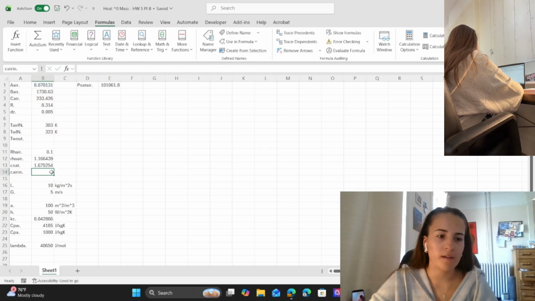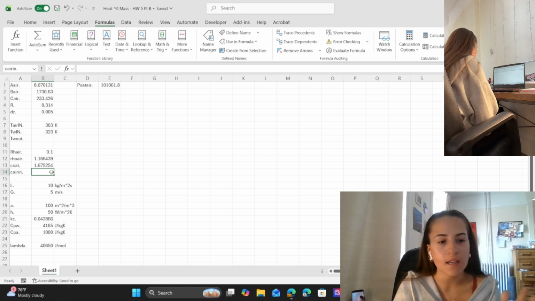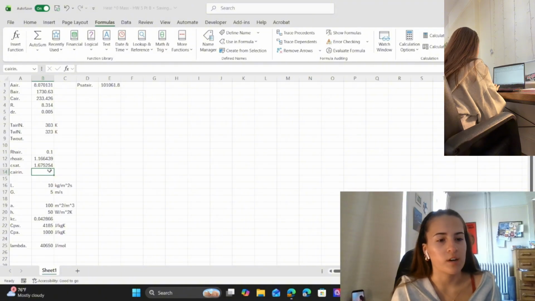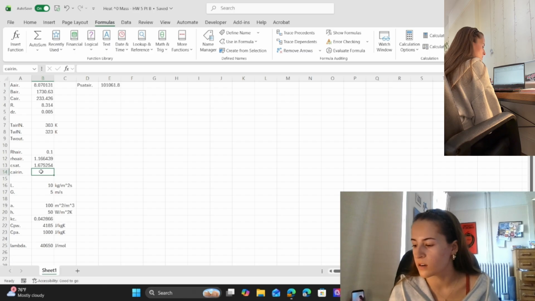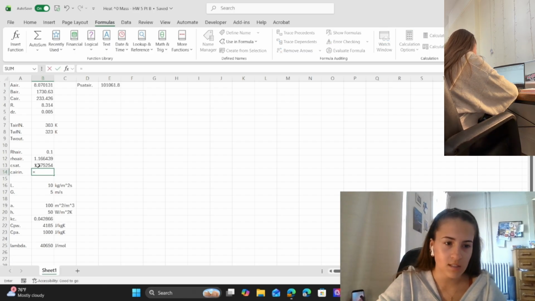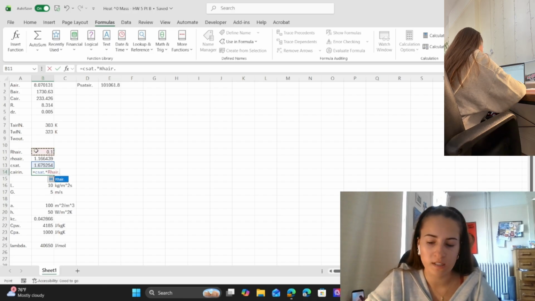All right, so now we have the concentration of the saturated air, and then the concentration of the air coming in is going to be equal to that Csat times the relative humidity.